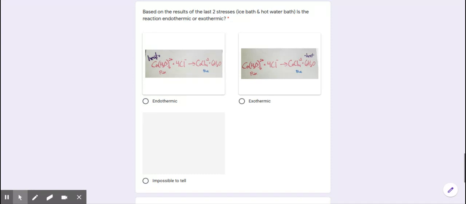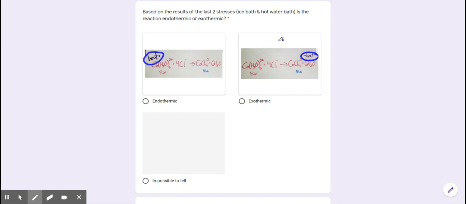Now, it's these last two questions that seem to give some people some trouble. It says, based on the results of the last two stresses, the ice bath and the hot water bath, is the reaction endothermic or exothermic? So we want to know, is the heat on the reactant side, which would make it endothermic, or is the heat on the product side, which would make it exothermic?